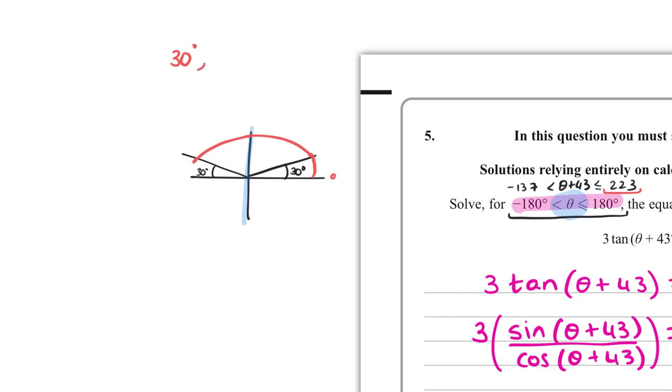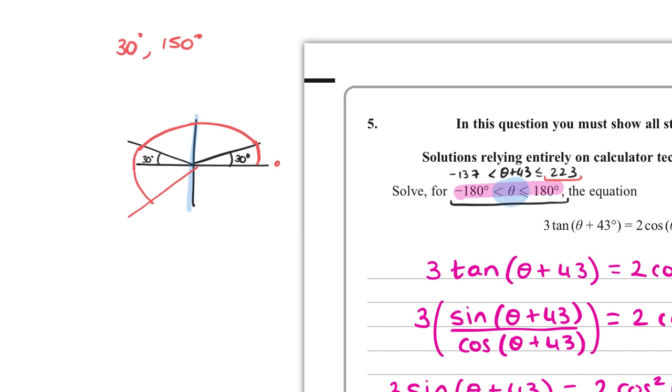It crosses again at 150. This is 180. Where is 223 roughly? About here, right? So then I stop. So I know 30 and 150 is part of the answer. And then if I was to go backwards from 0 to minus 137, 0, minus 90, do I cross anything? No. And this is going to be my minus 137 here, and again I have not crossed anything. So my two solutions are 30 and 150.